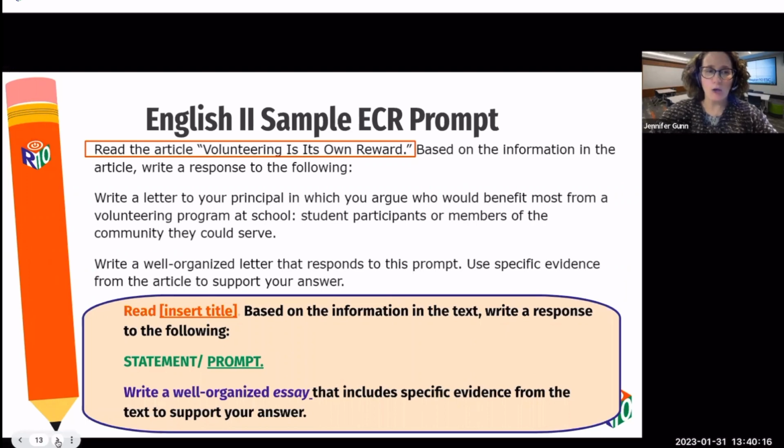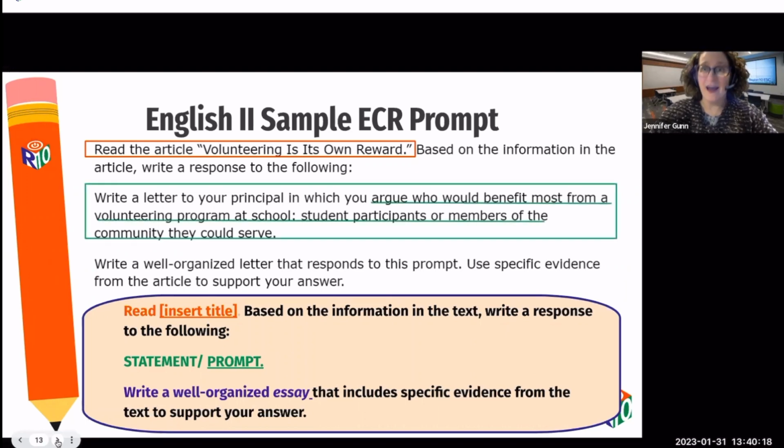The next part of the prompt will be the actual prompt of what the student must write. So here it says, write a letter to your principal in which you argue who would benefit most from a volunteering program at school, student participants or members of the community they could serve. So we see that ultimately this prompt is asking for an argument and would be scored on the argumentative rubric.